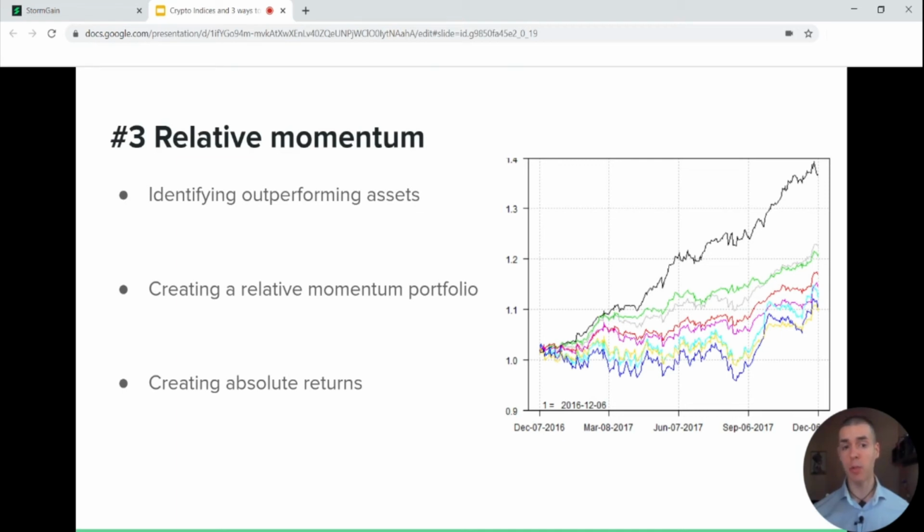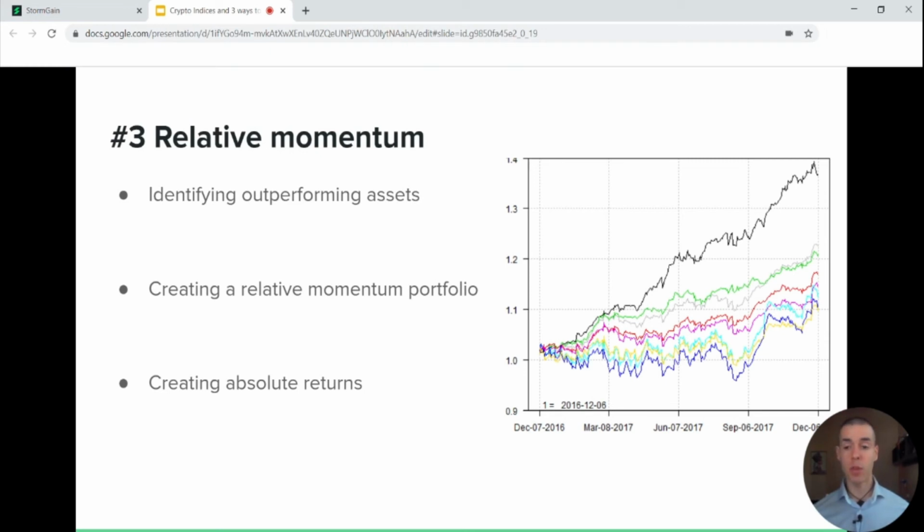What you can do is, for example, look at the Index 10.0 and create a portfolio by buying the top 5 performing assets based on either the past week or the past month, depending on what your time horizon is. The reason this is called relative is because these assets are outperforming relative to the other assets within that particular index.